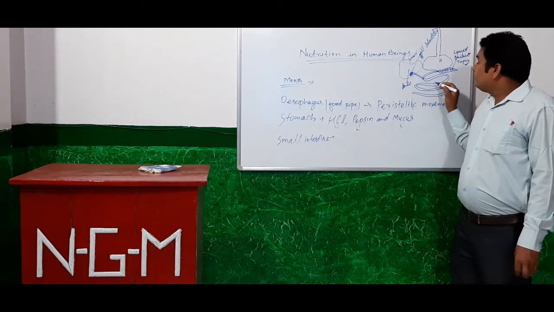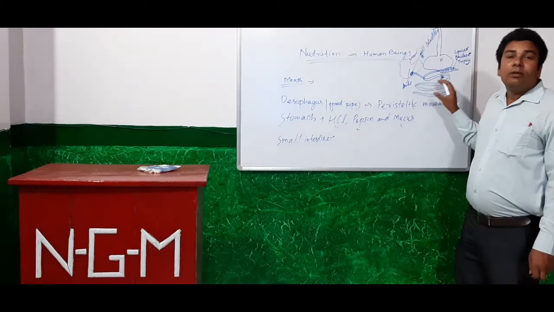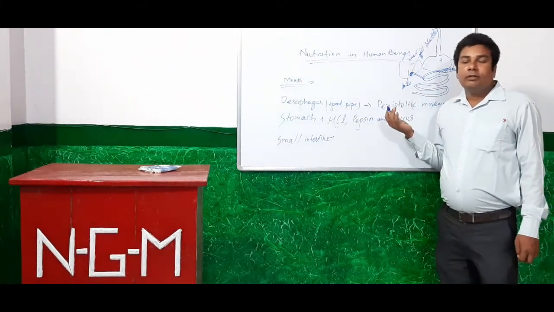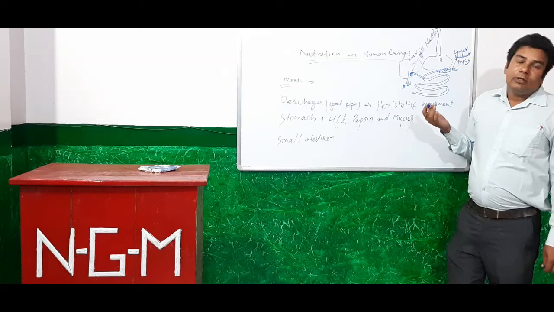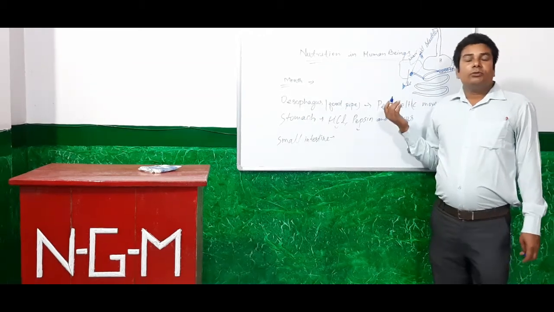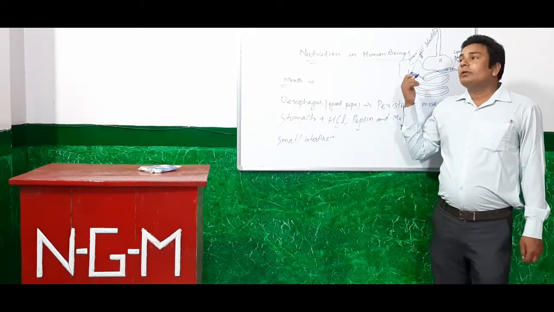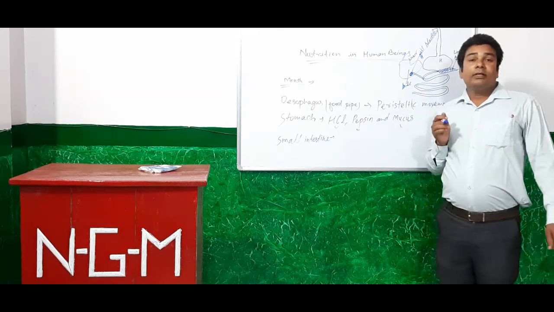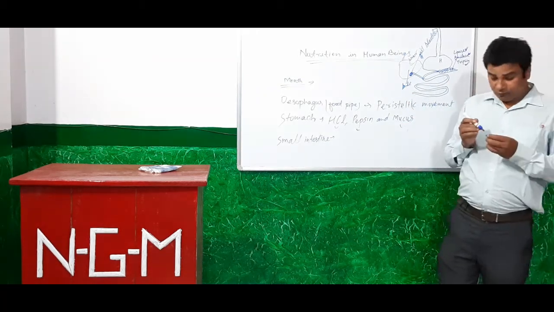Then the food is absorbed by the bloodstream and sent to the cells where that food is utilized by mitochondria or cytoplasm to generate energy, which we will discuss in respiration. Okay, thank you.